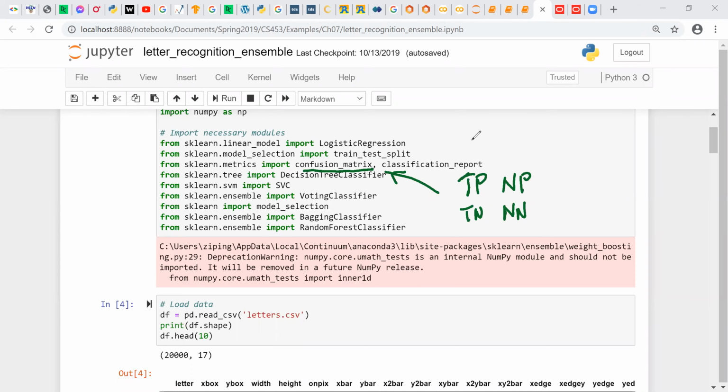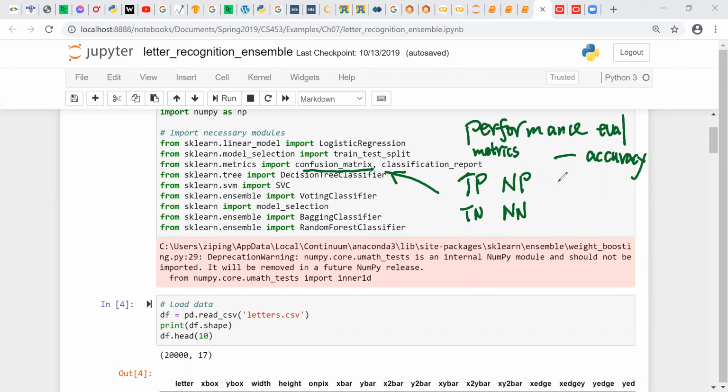It's part of performance evaluation. For performance evaluation, we learned that generally we use performance metrics, generally accuracy. And the confusion matrix can also be used to measure performance.